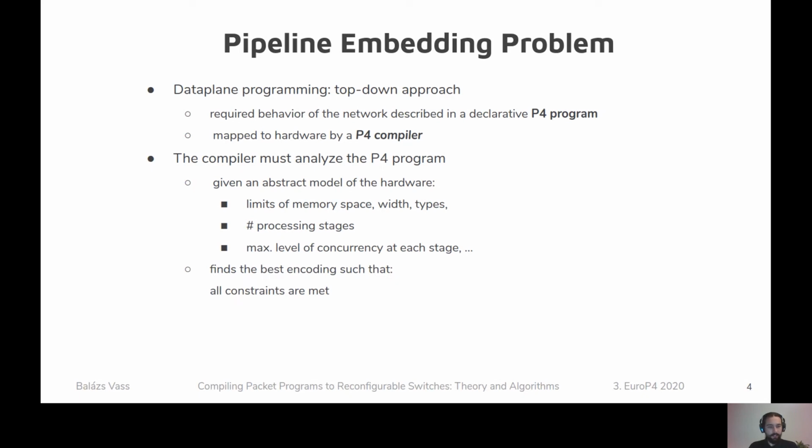The compiler has to find the best encoding such that all the constraints are met. Here, the best means the one with minimum number of stages, minimum power, etc. We call this problem the pipeline embedding problem.